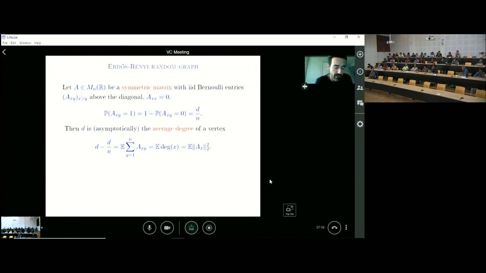This is a graph of n vertices where you put your edges independently at random, and the probability of putting an edge is d over n. Here d is less than n. So the average degree, which is the expected number of vertices which are connected to another vertex, is essentially d.